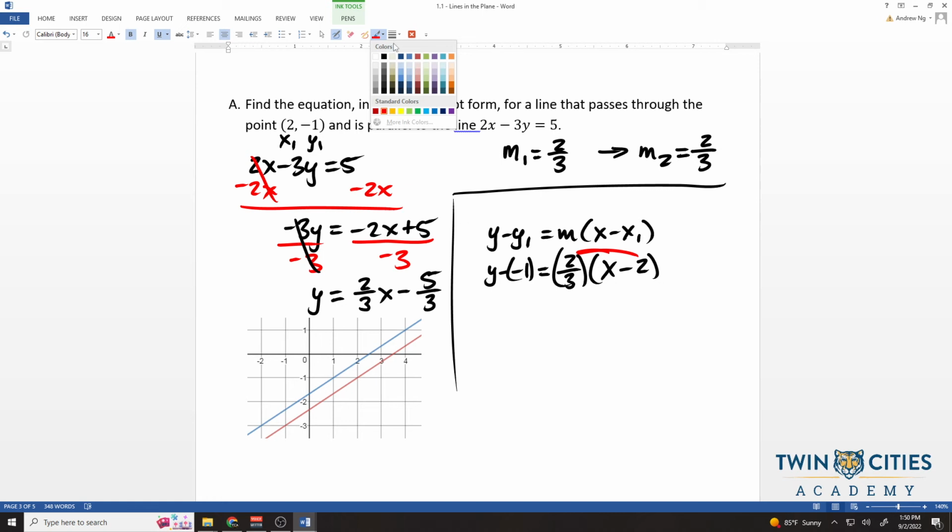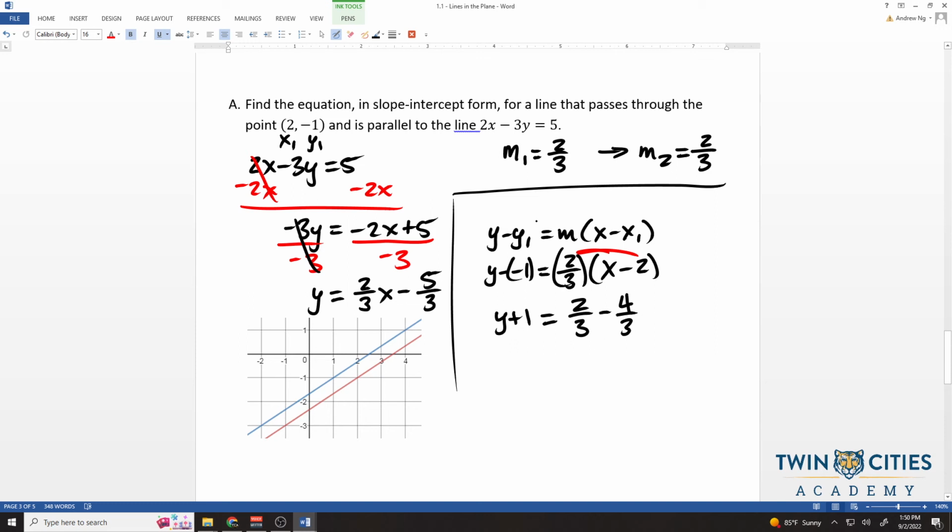y plus 1 is equal to 2/3 x and then minus 4/3. Remember, if you're multiplying a fraction by an integer, you're only multiplying the top. And we've got to subtract this 1 from both sides.